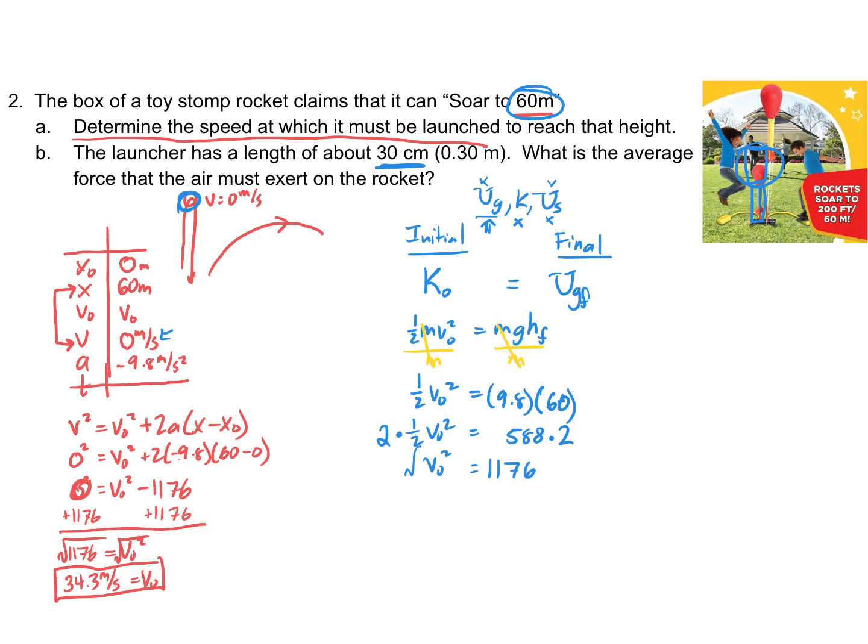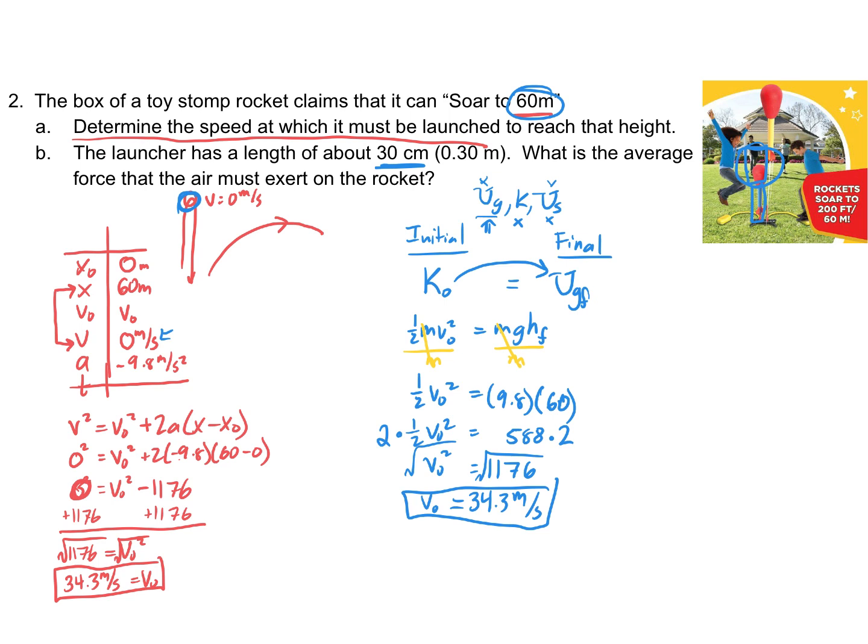We're going to square root it, and guess what? We get the same thing as last time. We got 34.3 meters per second. So we got the same speed using conservation of energy, knowing that all of that kinetic energy is going to turn into gravitational potential energy as it gets to the top, and that will give us that initial speed.